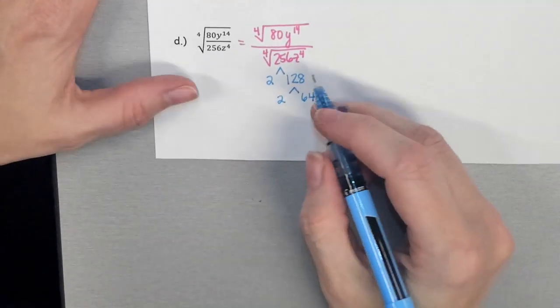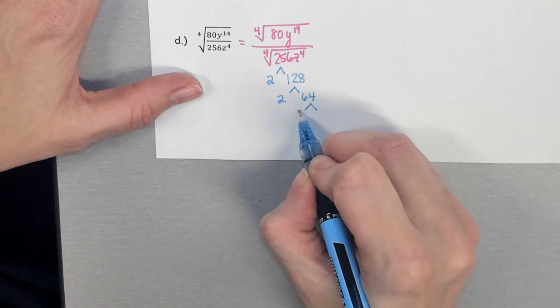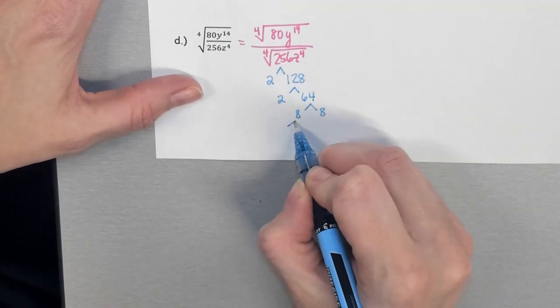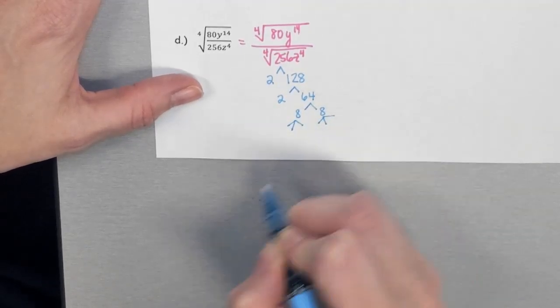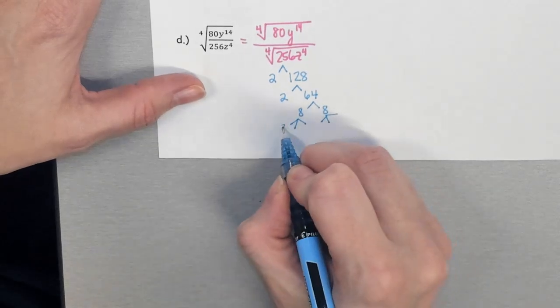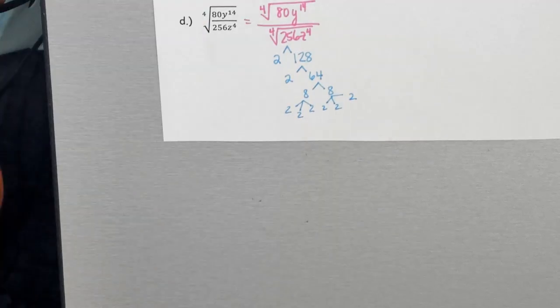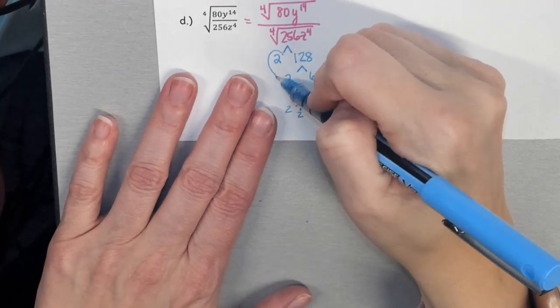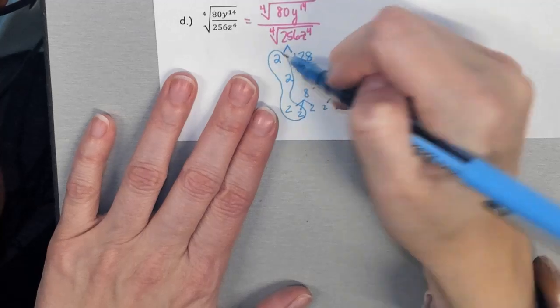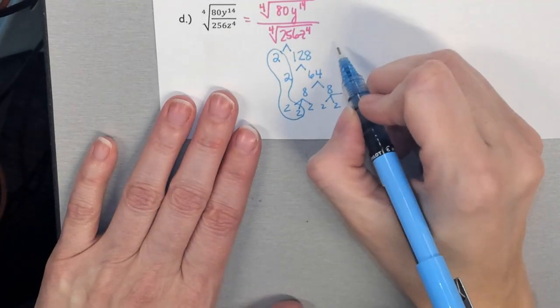Okay, and then when you get to 64, I would break this up into 8 and 8 because you know that 8 breaks down into what? Yep, 2, 2, 2. 2 times 2 times 2. Okay? So this is a 4th root. So anytime you have a group of 4 factors, 1 comes out. So you have a group of 4 2's. So a 2 would come out.